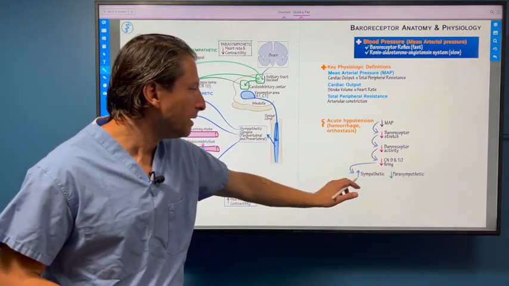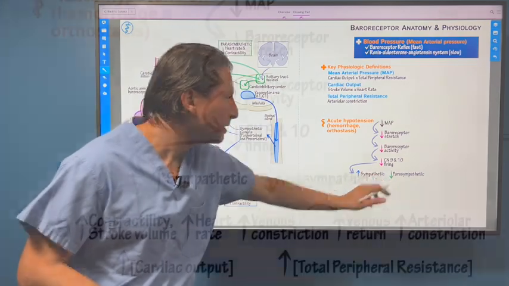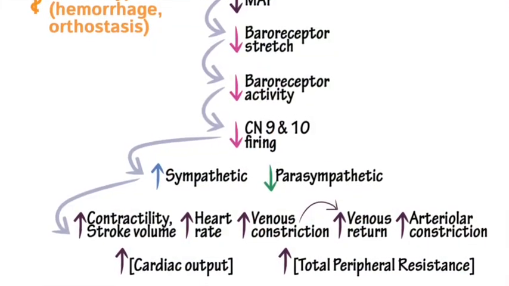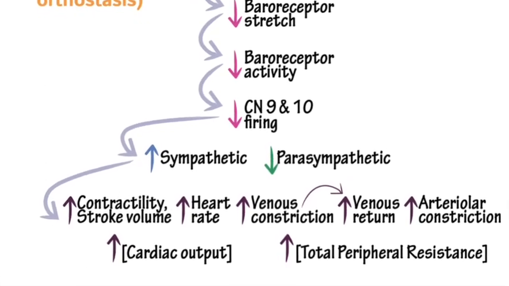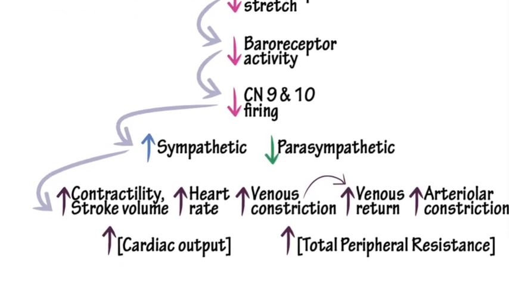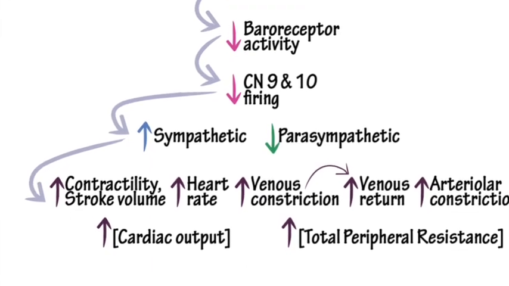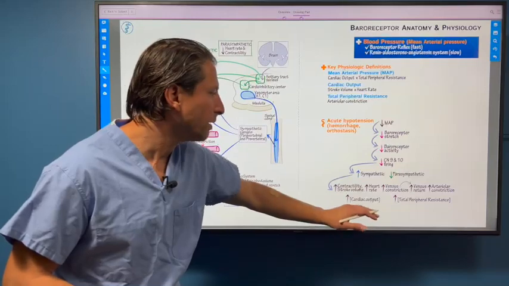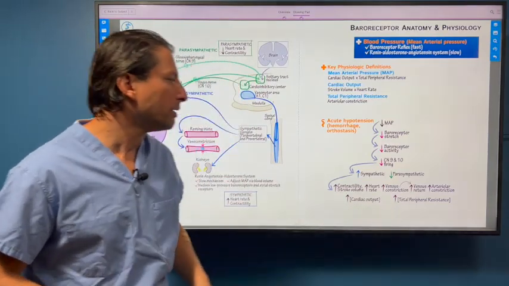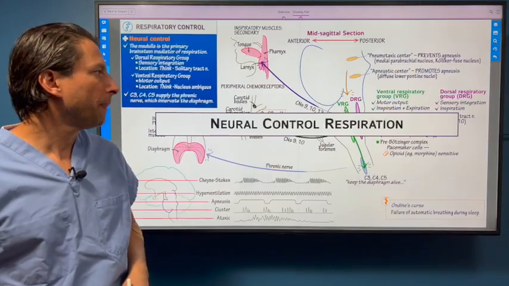There's going to be increased sympathetic activation, reduced parasympathetic activation. This is going to increase contractility and ultimately stroke volume, increased heart rate, venous constriction. All of these things will increase. This is a compensatory response, which is going to increase cardiac output and increase total peripheral resistance.